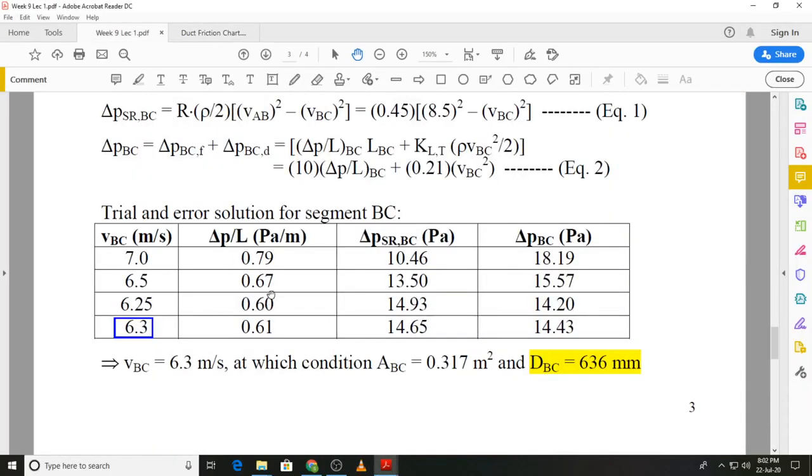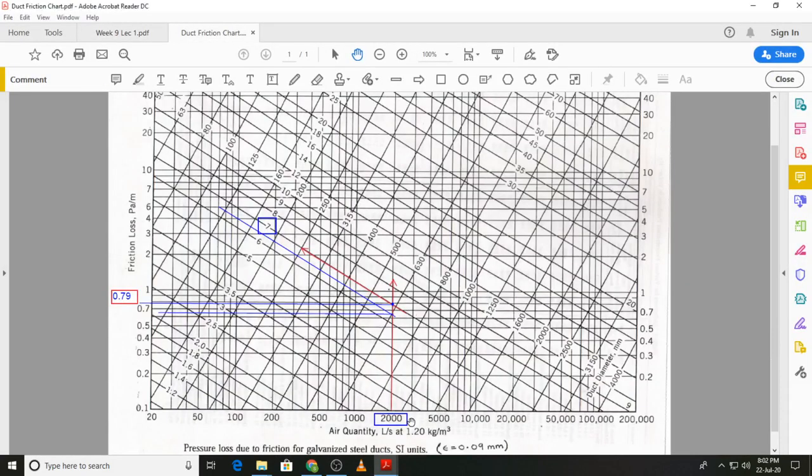So this is the value that you will read from the chart, because I've drawn it just approximately. When you use a proper scale to read the values, the value will be around 0.67 or so.